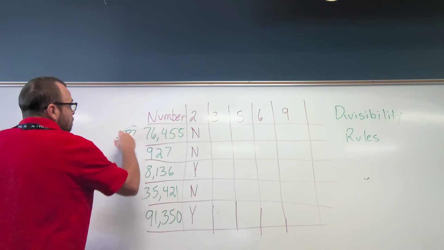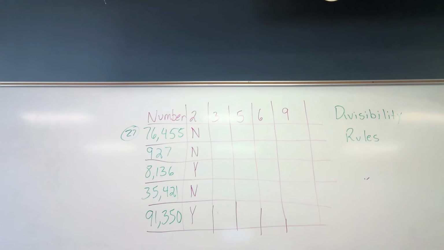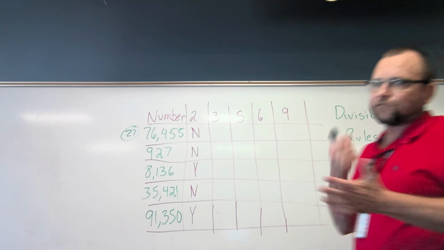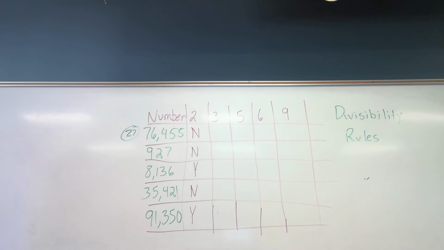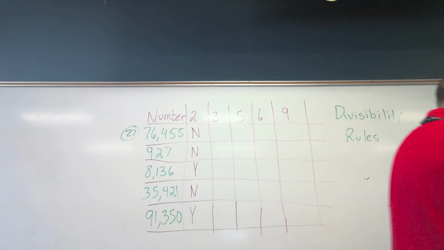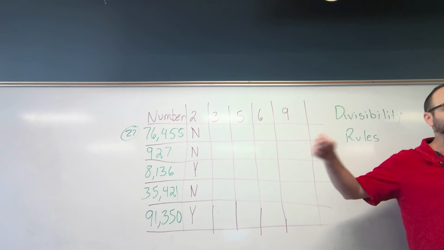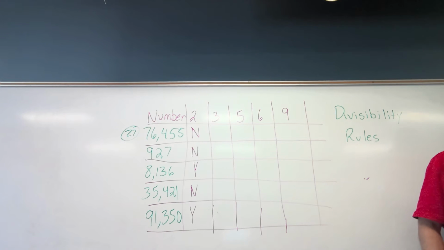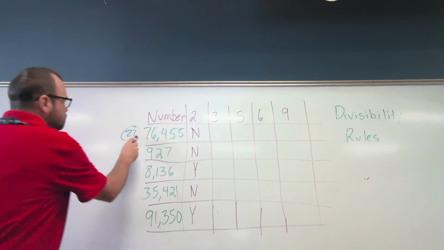So the sum of the digits in 76,455 is 27. I added it together. 7 plus 6 plus 4 plus 5 plus 5 equals 27. Micah, does 3 go into 27? Is 3 times anything 27? You know what? We can make it easier. I can add these two digits together.